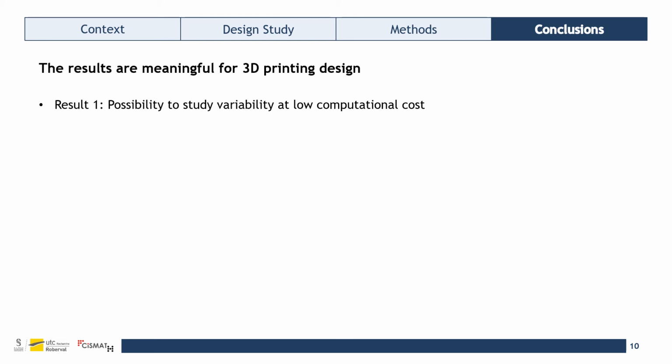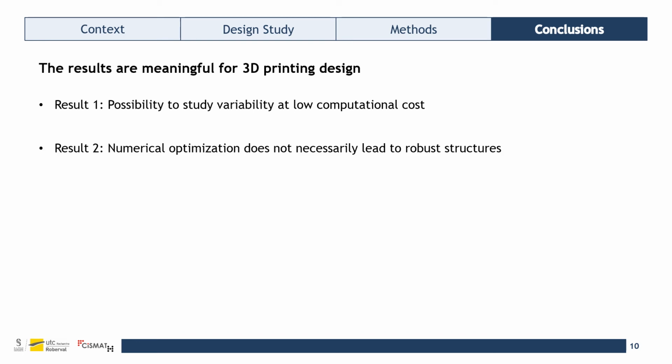The second finding is that numerical optimization does not necessarily lead to robust structures as an optimization result. This finding is based on the different robustness obtained for the 6 structures to the same input variability.